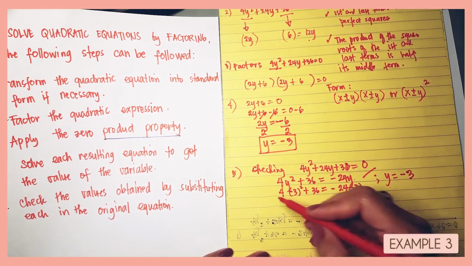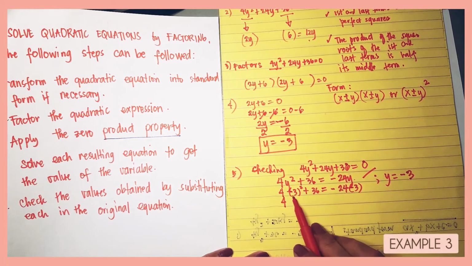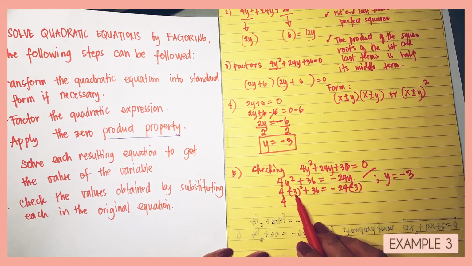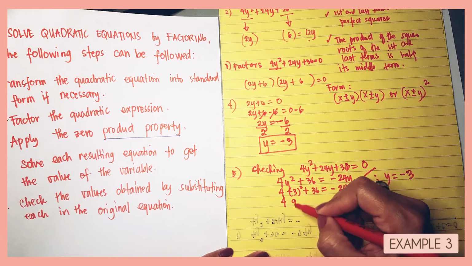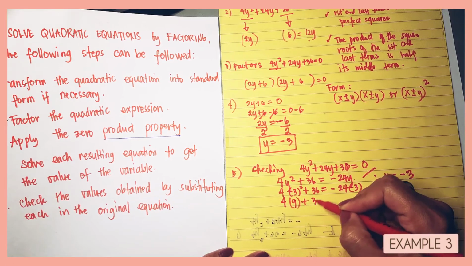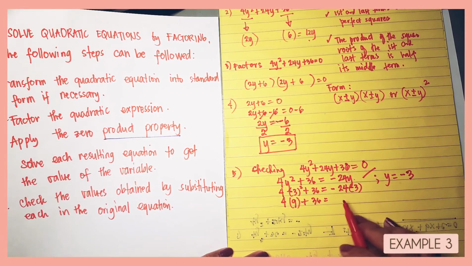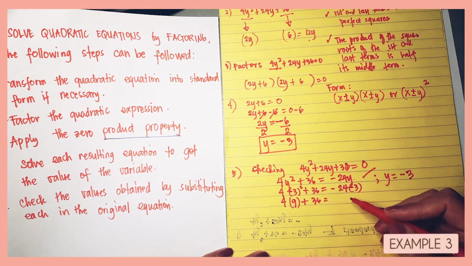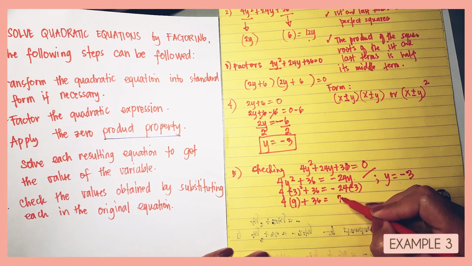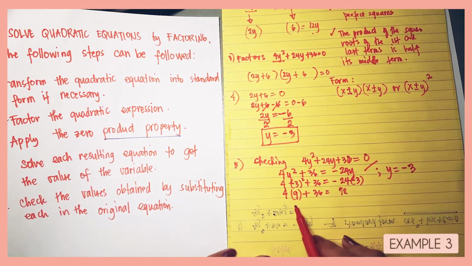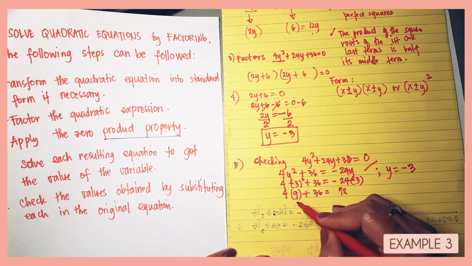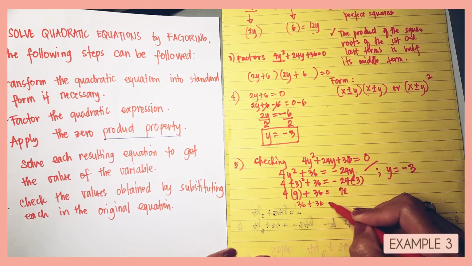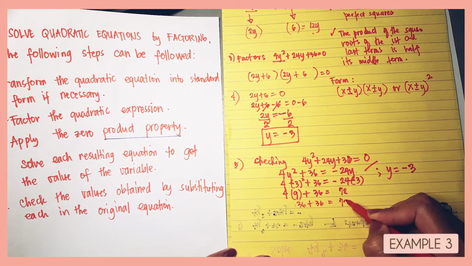So let's simplify. 4 times the square of negative 3, this is 9, plus 36 equals the negative times negative 3 is equal to positive 72. And 4 times 9 is 36, plus 36 equals 72.